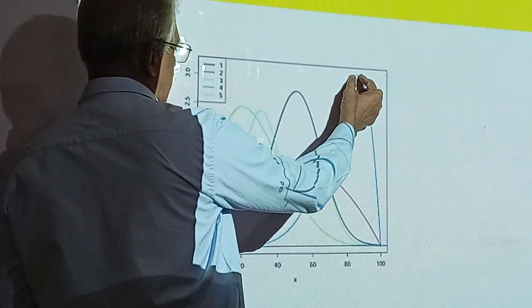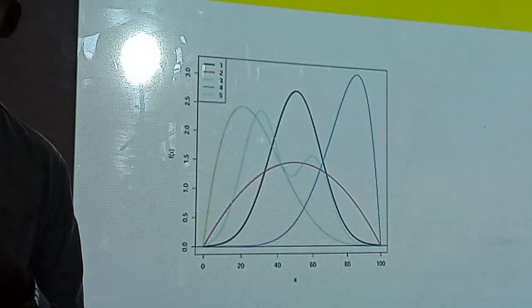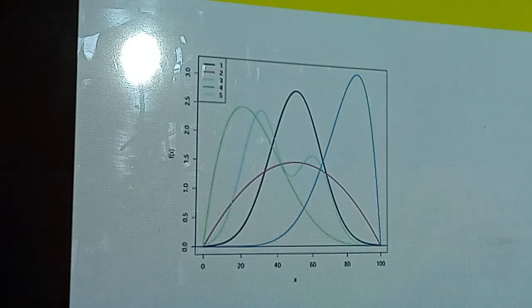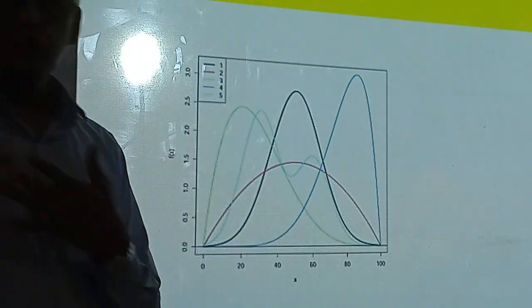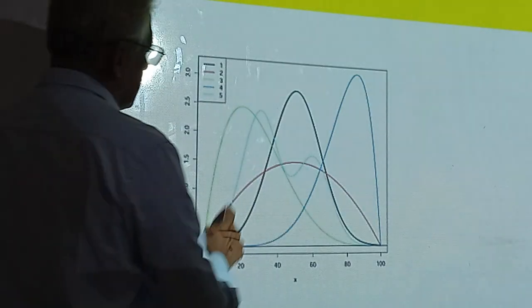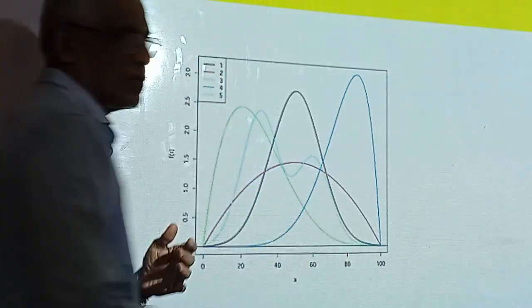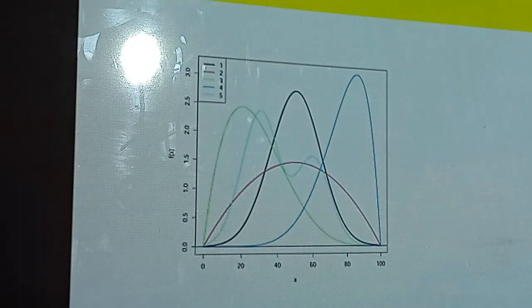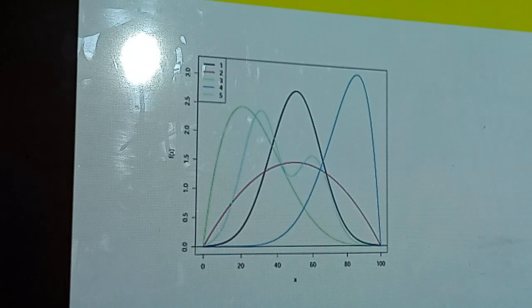This is more peaked than this one. So in order to describe the peak also, we need other characteristics. And even with those four, sometimes you may not be able to describe a distribution like this. When you have several peaks, you need more measures.